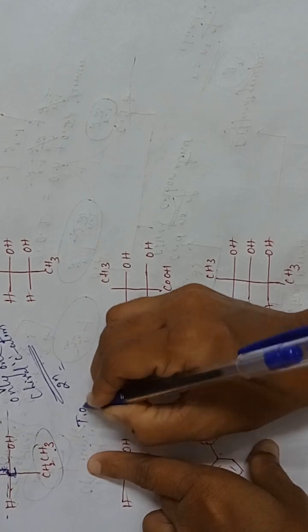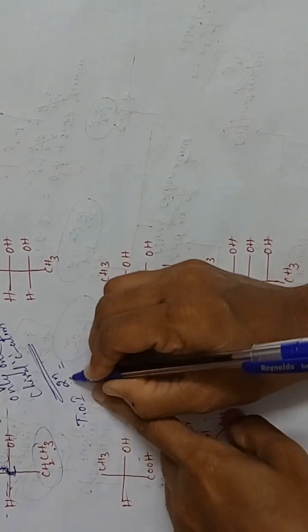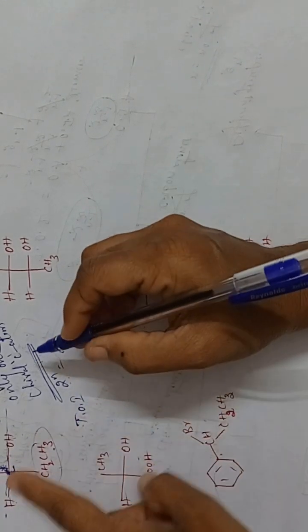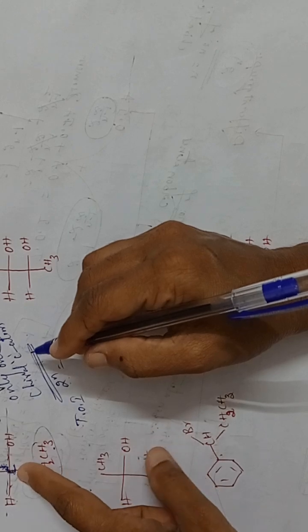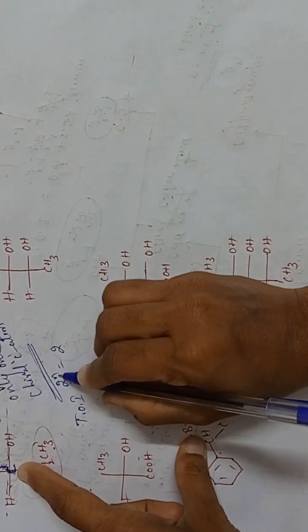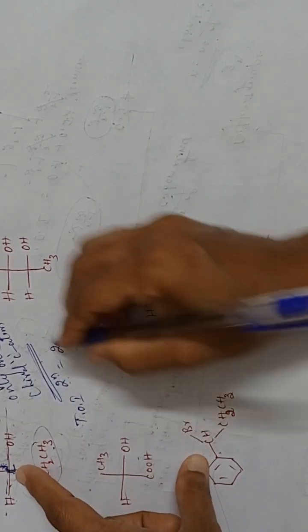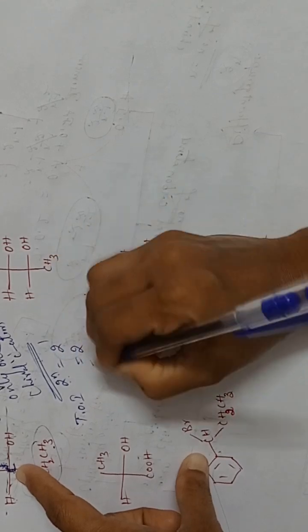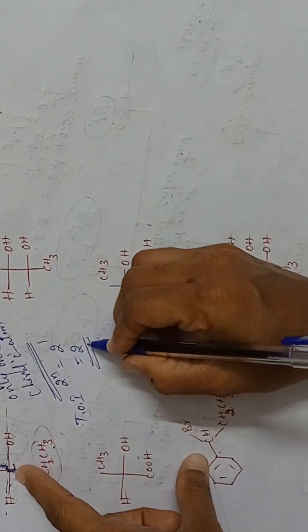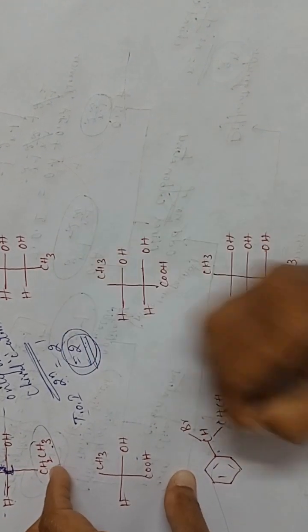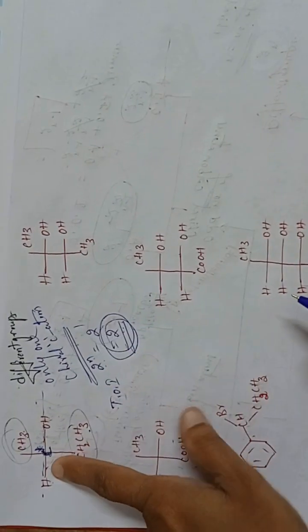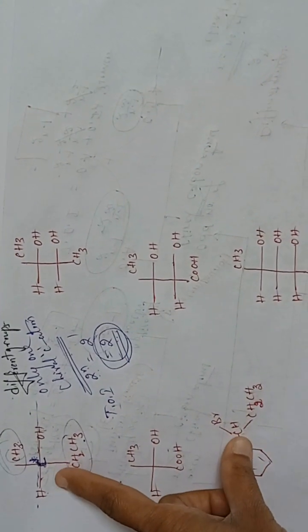How to calculate total optical isomers? 2 power n. Only one chiral carbon atom is there, so n is 1. So 2 power 1, the answer is 2. Total optical isomers is 2 in the given compound. Clear? Understood?